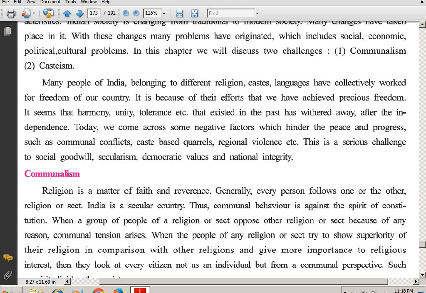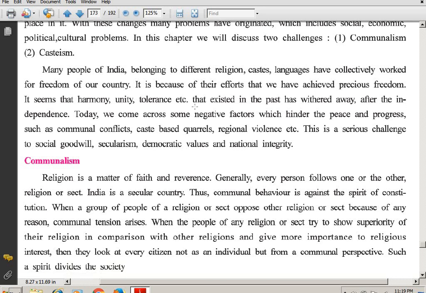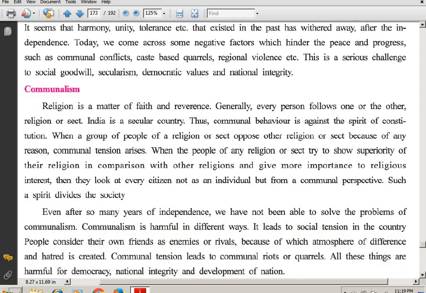These negative factors are blocking peace and progress: communal conflicts based on religion, caste-based quarrels among different castes, and regional violence. Now let's study communalism. What is this communalism that we are talking about?